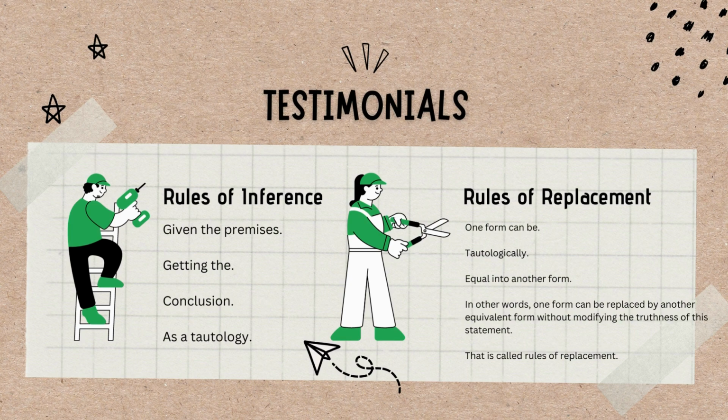But in replacement, we replace the premise or one form with another form without modifying the statement. We are replacing the form itself, so we call it rules of replacement, and it cannot be added to the rules of inference. Let's see each of the rules with a proof.